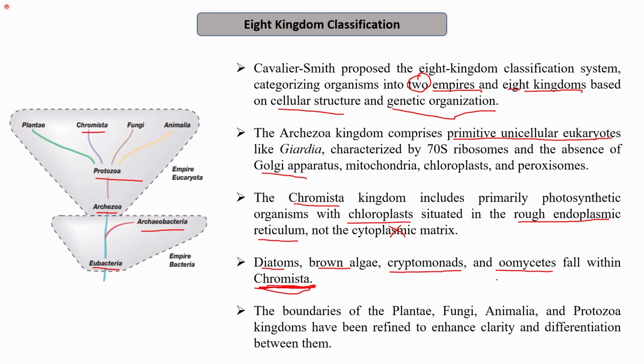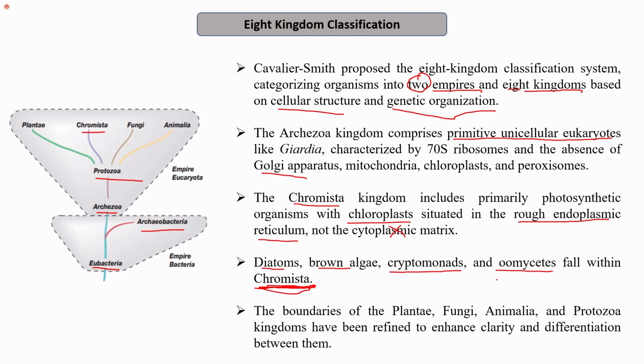So this was about the different classification systems that we need to know. Starting from the 2 kingdom classification, where organisms were only classified into kingdom Plantae and Animalia. Then we have the 3 kingdom classification, where organisms were classified into Fungi, Plantae, and Animalia.